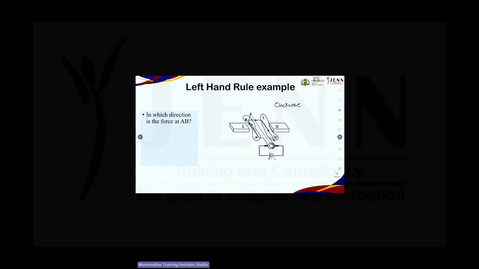So you will either have to say in which direction A and B is going to move, or C or D, or they will ask you, is it going to rotate clockwise or anti-clockwise?